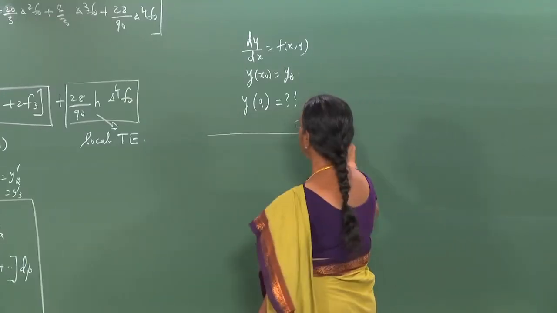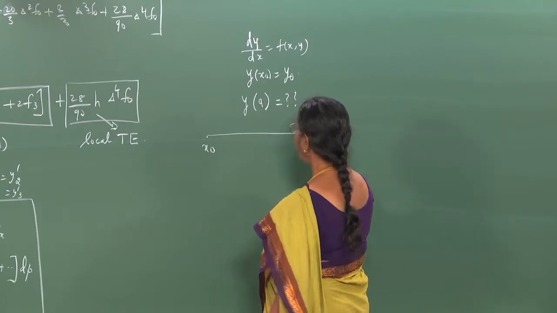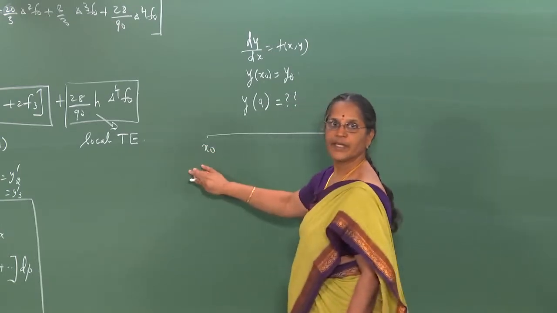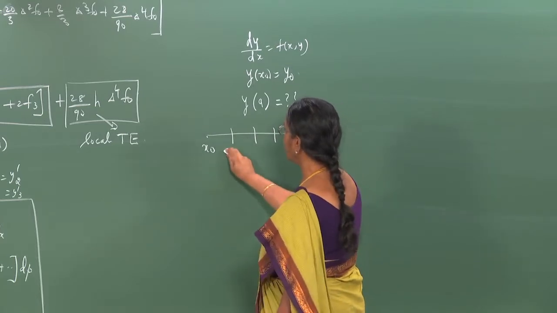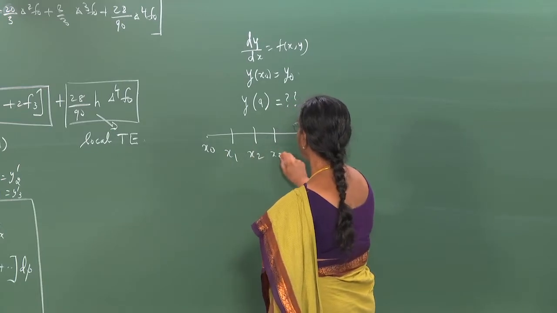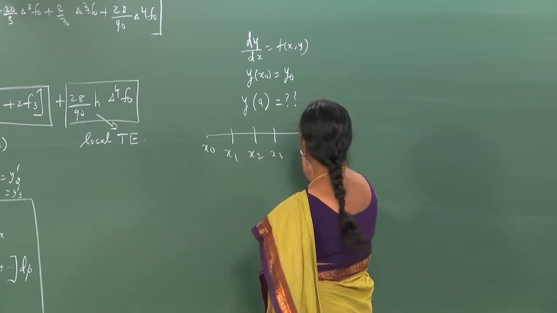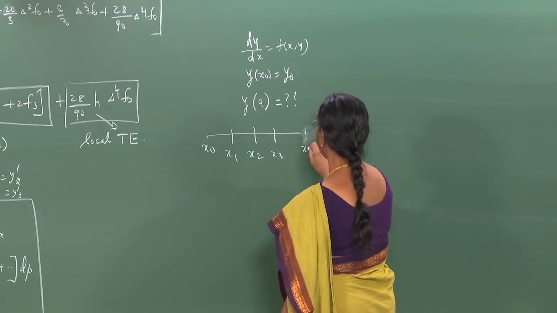So, what you do is you divide this interval a to x naught into intervals such that you have points x1, x2, x3, and x4 is going to be your a.